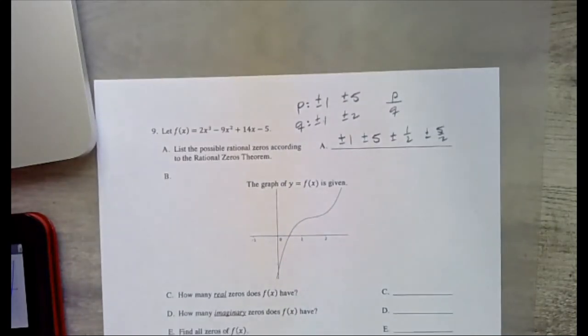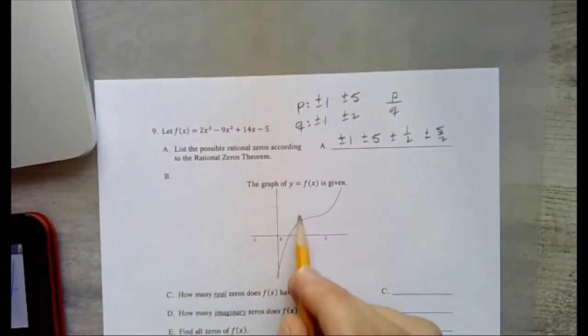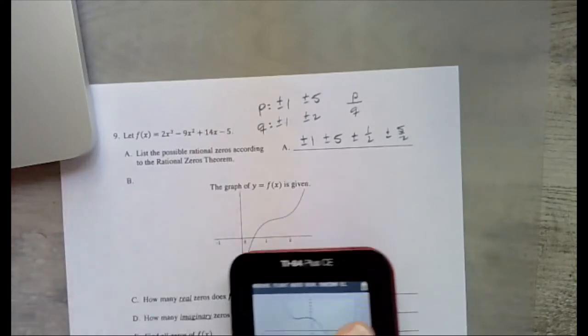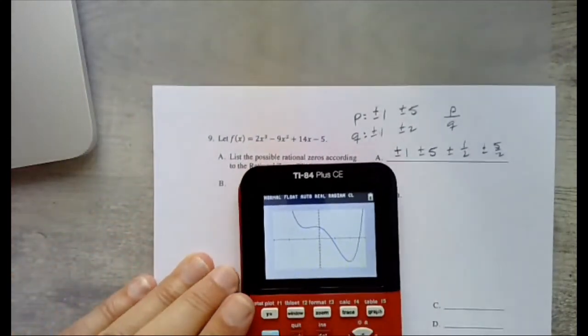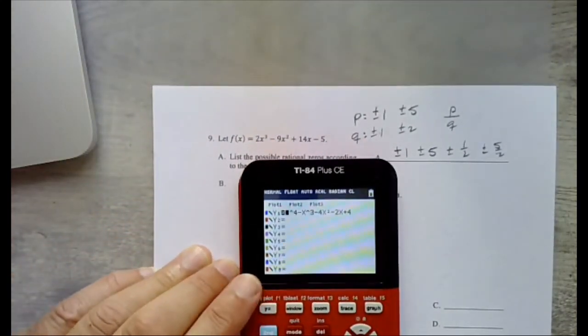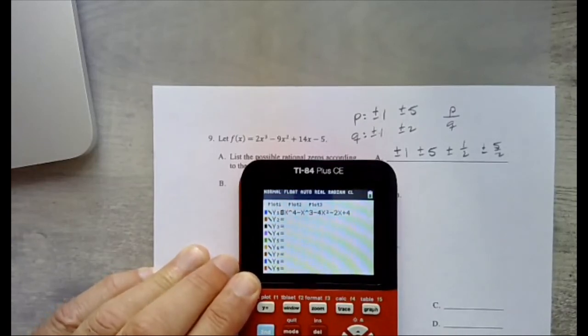Okay, so then they tell us that this is the graph, right? And I should probably double check to make sure that this one is right. I'm hoping it is. So if I go to the graph, clear this one out, this is 2x raised to the third power minus 9x squared plus 14x minus 5.